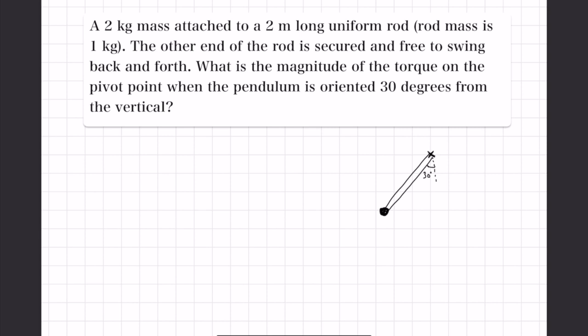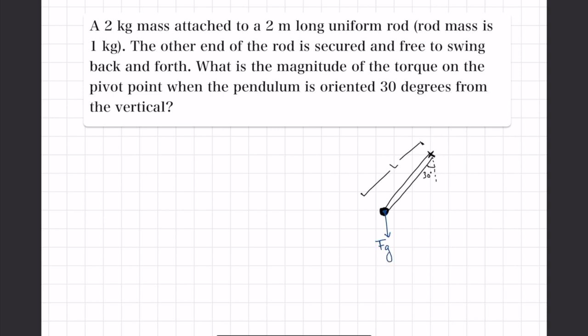And we'll go ahead and put our forces on here. I'll put a couple labels on here as well. So just the fact that this is going to be our length. So we'll have Fg from the mass at the end.